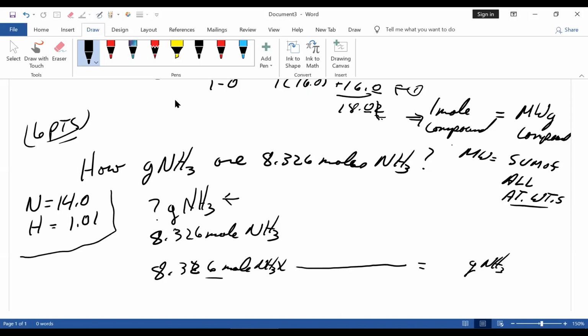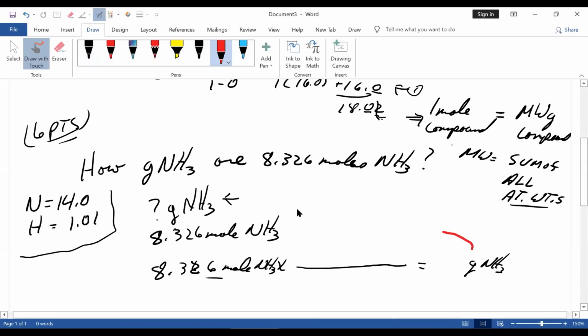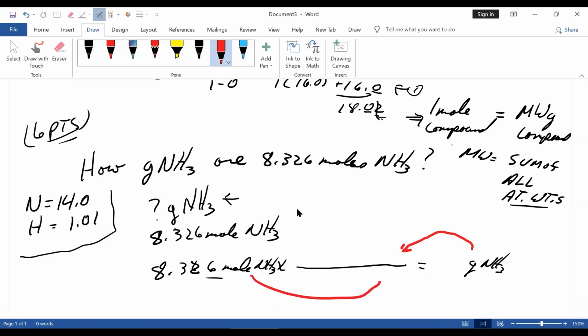And now it's time to use your good friend, unit analysis. Unit analysis is where whatever you're trying to get to, you put on top of the ratio, and whatever you're trying to get rid of, you put underneath. That's not hard.